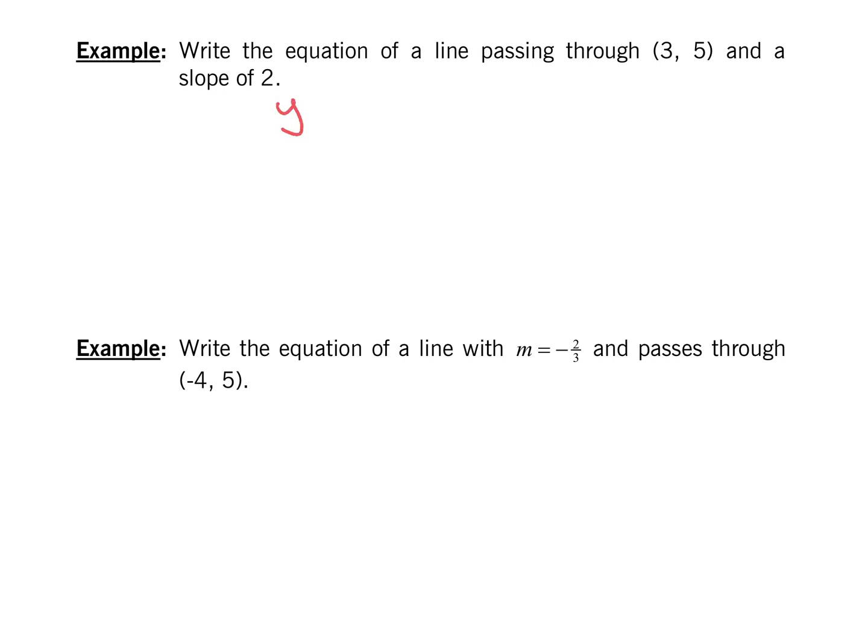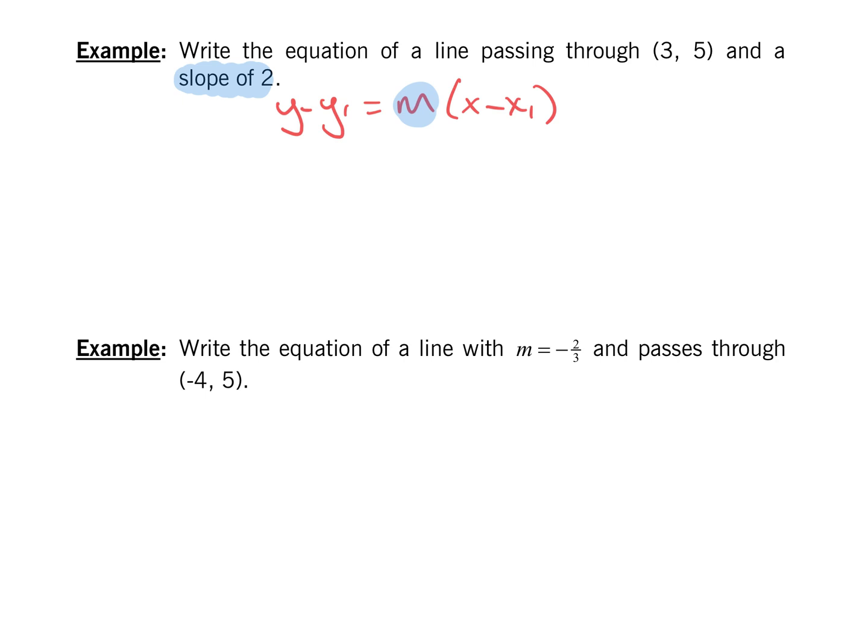It is y minus y1 equals m times x minus x1. When we see that, we should recognize the letter m. The letter m is universally used in math for the slope. So that means when it says the slope is 2, a 2 is going to go in the spot where we see the letter m.